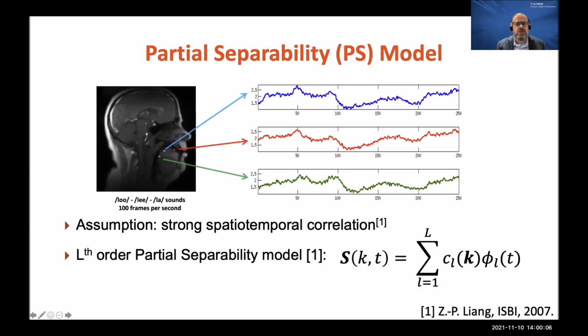And so instead of imaging each independent pixel at each independent time point, what we're going to do is make an nth order partially separable model where we can represent our entire four-dimensional data set by a sum of just a few spatial maps and then temporal functions. Okay, so this is a 3D spatial map and a 1D temporal function to get back to our 4D space.